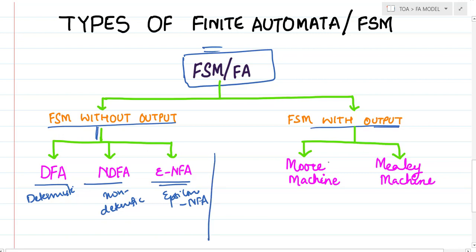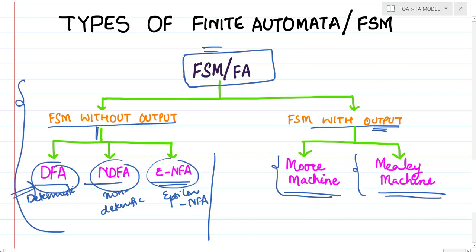Okay, and the finite state machine with output has 2 subtypes: one is Moore machine and the other one is Mealy machine. We'll go through each and every type and understand it with the help of examples in our upcoming videos. We'll start with DFA and then move on to NDFA, then epsilon NDFA, then Moore and Mealy machine.